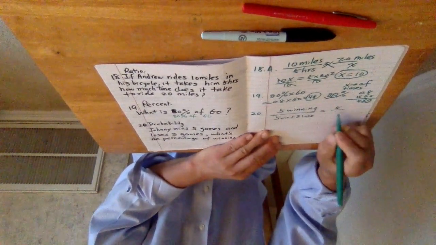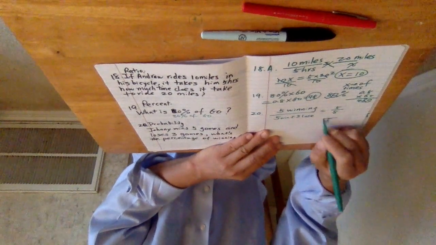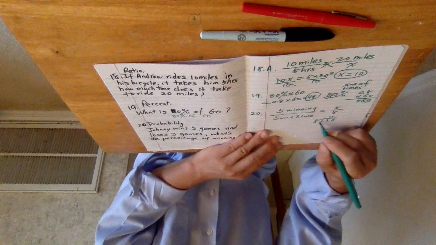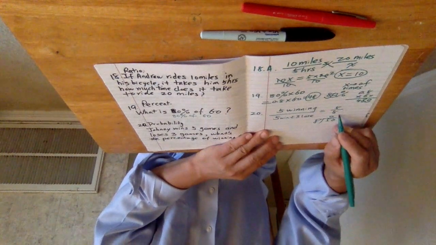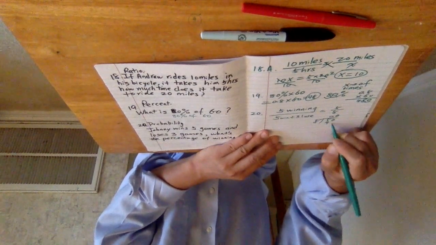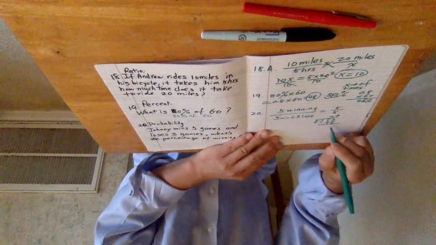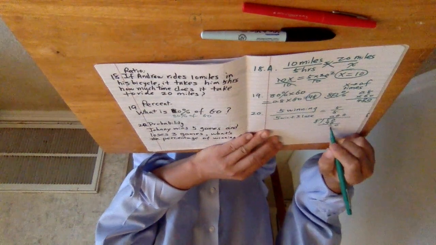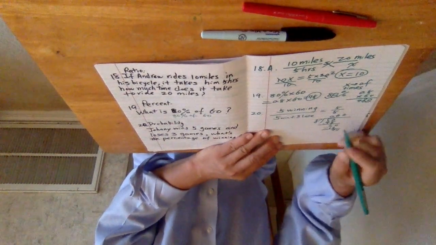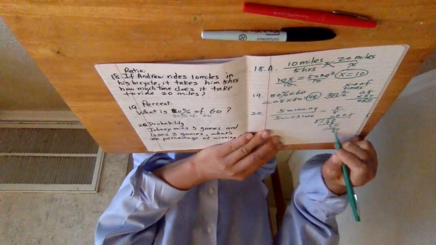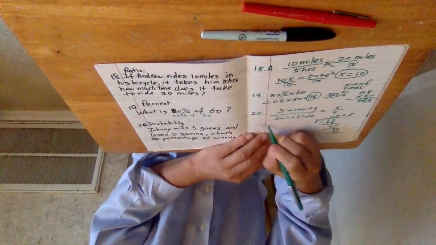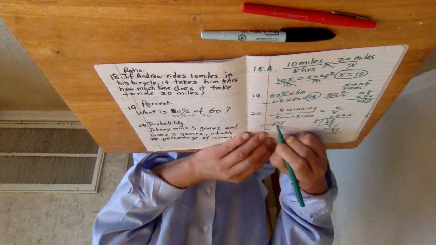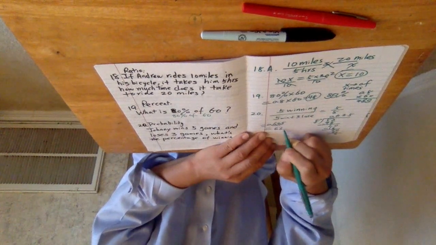So 5 over 8, 5 divided by 8. 6 times 8 is 48, go to 50, and then we have remainder 2. 2 times 8 is 16, remainder 4. 5 times 8 is 40. So it's 0.625, or with the decimal point moved, the percent will be 62.5%.